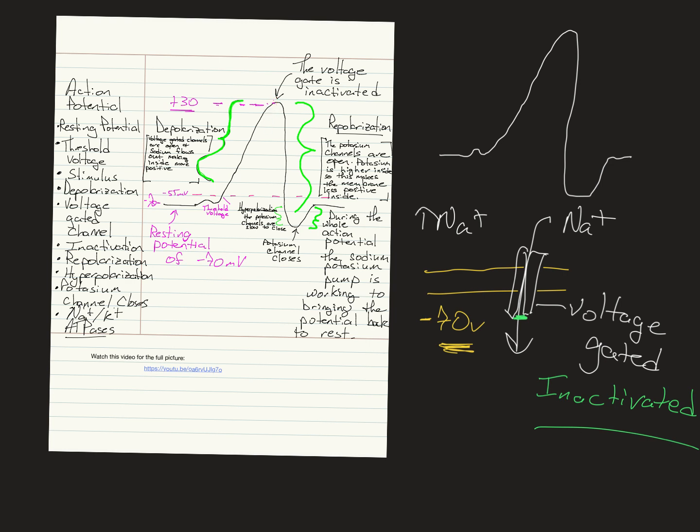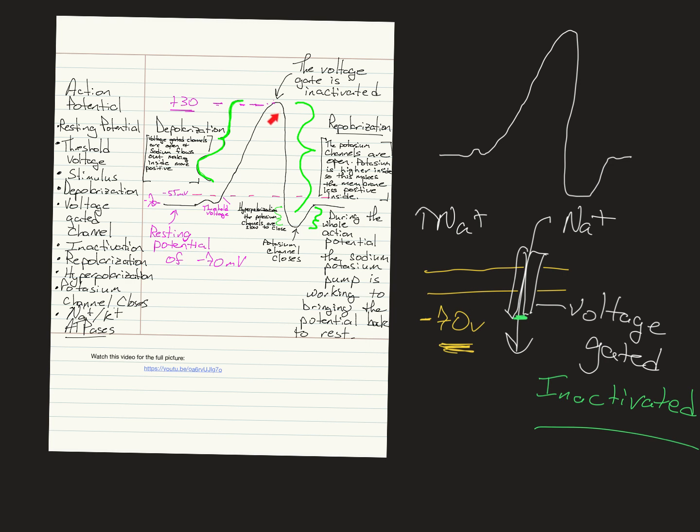But remember, the potassium is still leaving. And through the leaky channels, more than sodium is coming in, more potassium is leaving. So a lot of pluses are leaving. And you have the ATPase pump bringing potassium in, but sending a lot of sodium out, 3 sodiums for every 2 potassium. So that's happening.